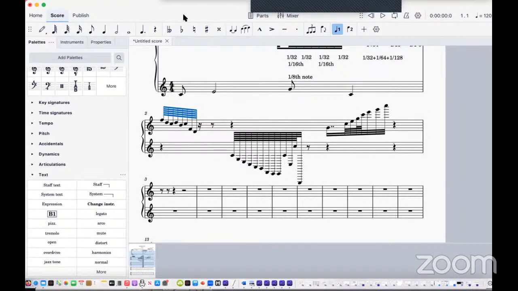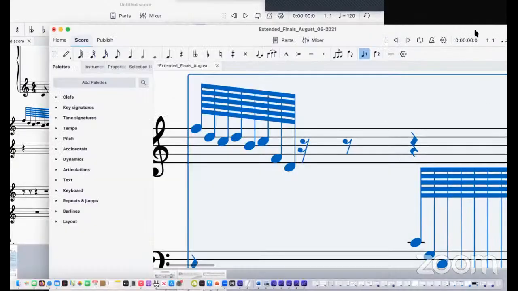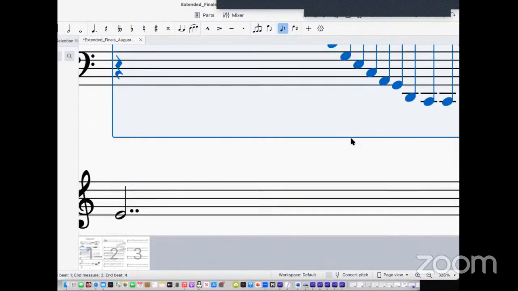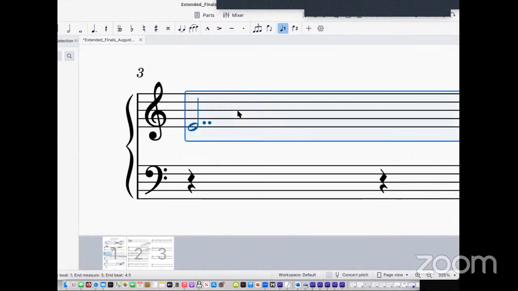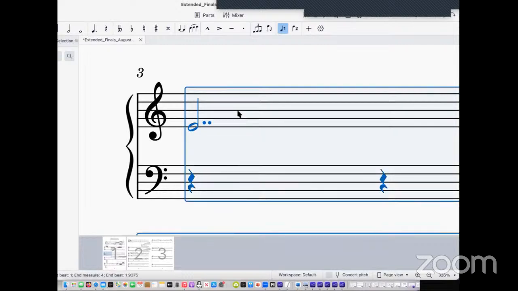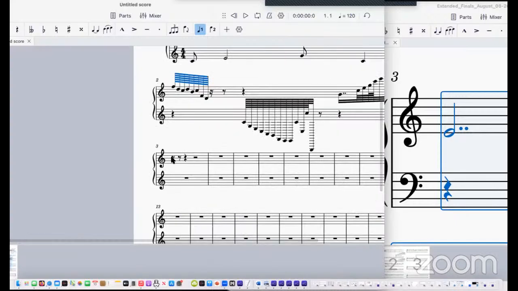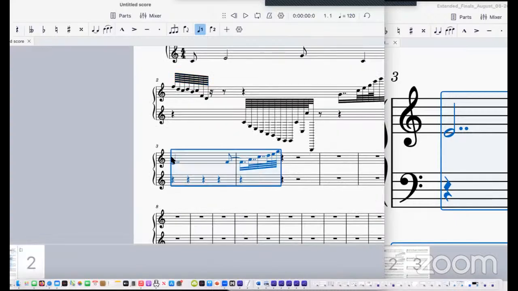Let's see on the measure number 3. Number 4.